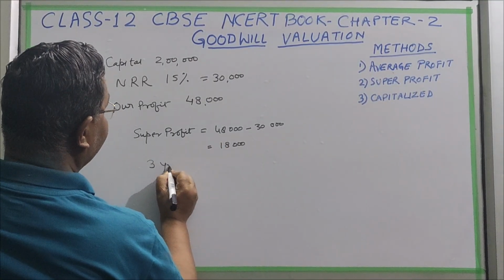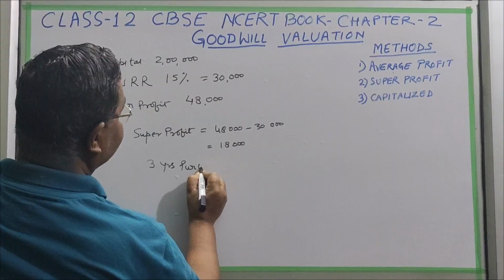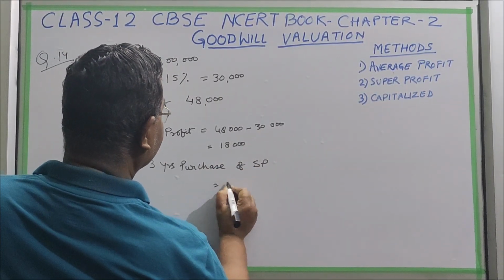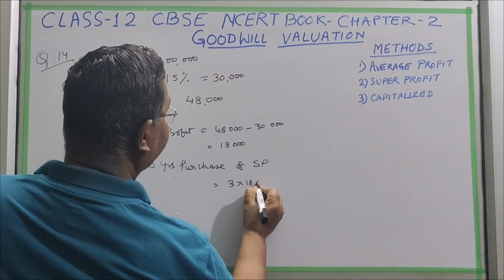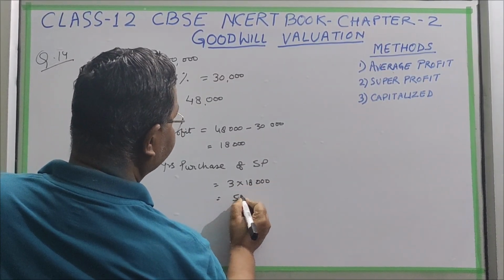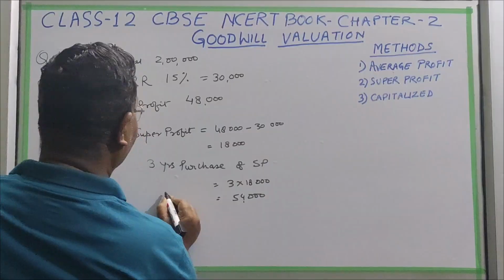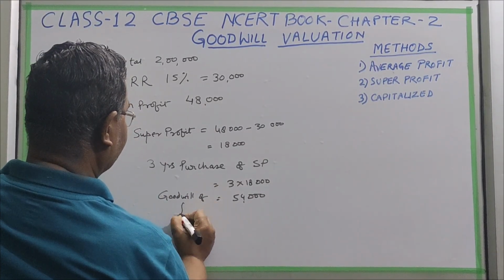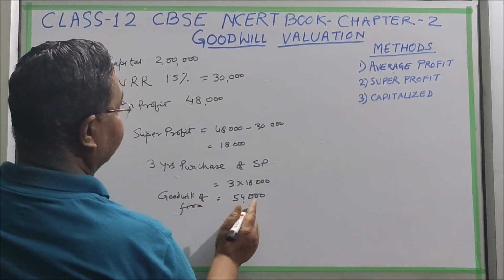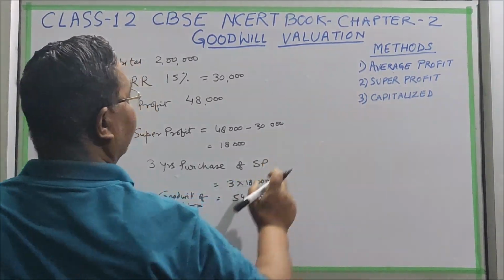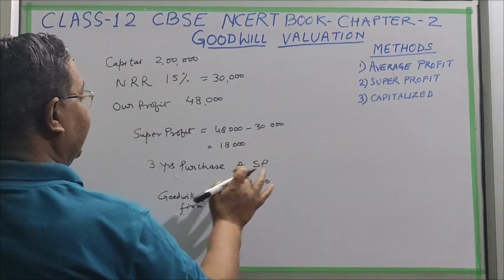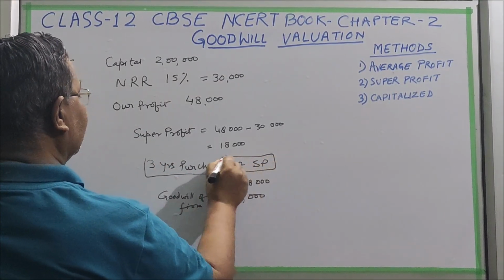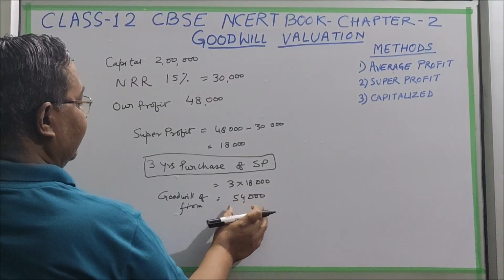Three years purchase of super profit means 3 into 18,000, which is 54,000. That is the goodwill of the firm. Goodwill of the firm will be 54,000 based on this super profit method. We have calculated the super profit, and then you multiply it with however many purchase years are given, and the firm's goodwill will come.